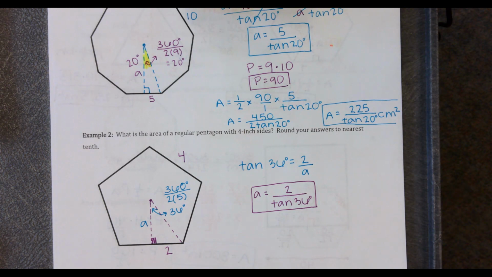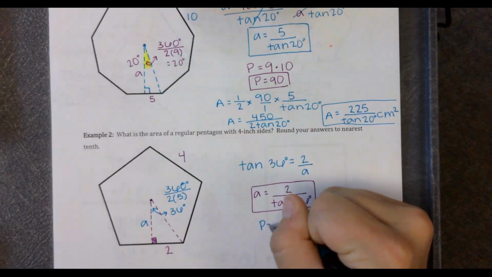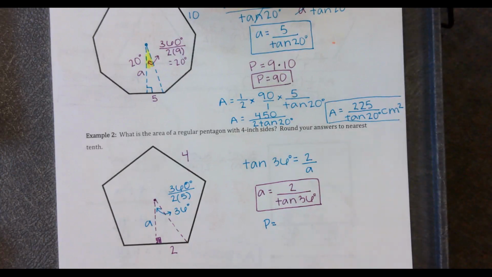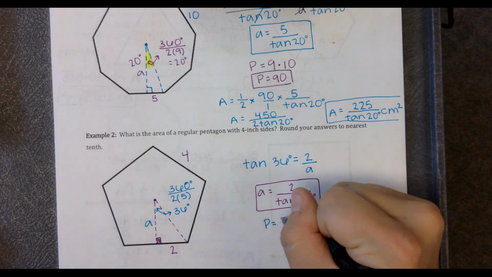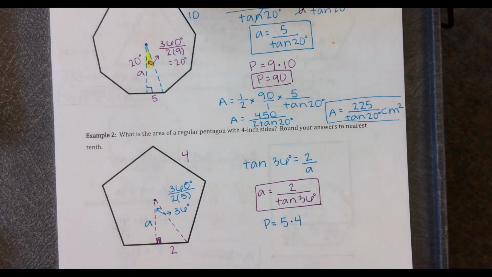So how do we find the perimeter? Perimeter equals, anybody? There we go. It's the number of sides, which is 5, times the length of the sides, which is 4.